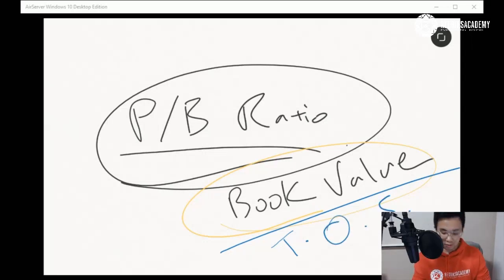Simple as that. Book value per share is incredibly important. If you want to know whether you're getting a bang for your buck, you need to understand book value. But I would suggest not using this very simple concept alone. You should use it together with other concepts to get a better understanding.